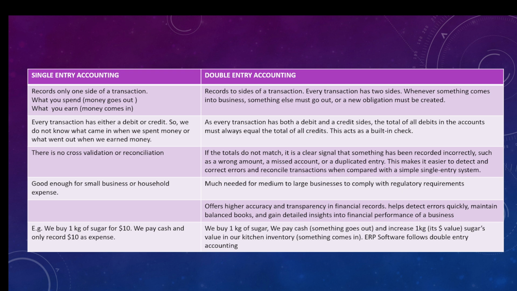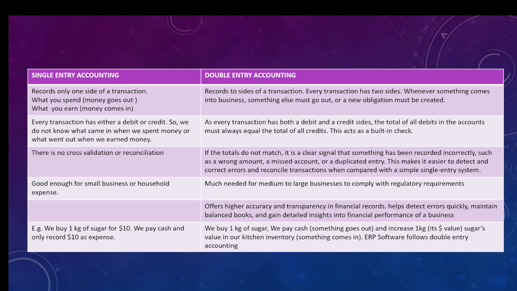For example, we do not know what comes in when we buy a product. We only record whatever we spend or whatever we earn. Whereas in double entry, every transaction has two sides. One is the debit side, and the other is the credit side. The total of all debits in the accounts must always equal the total of all credits.